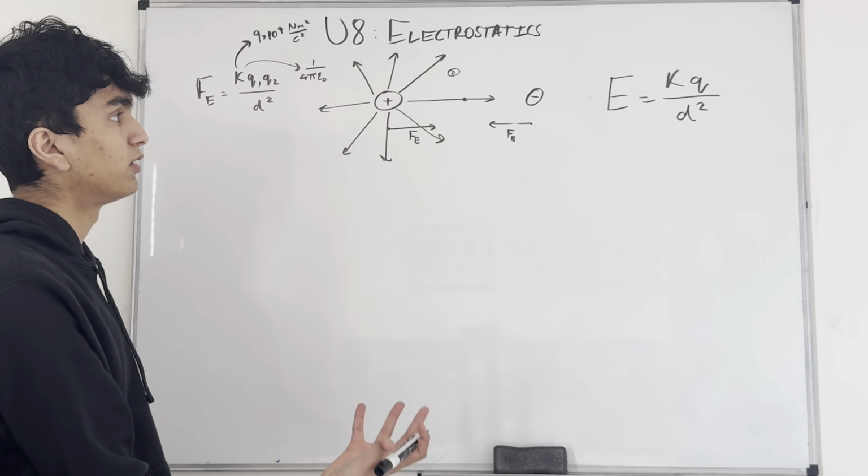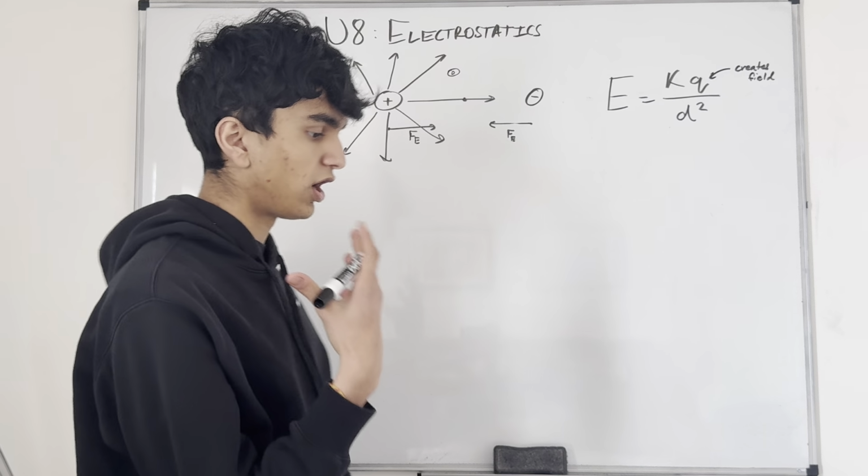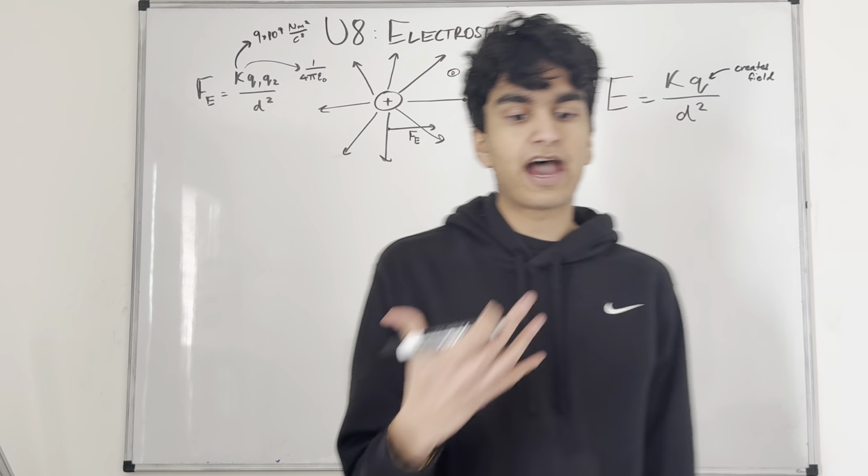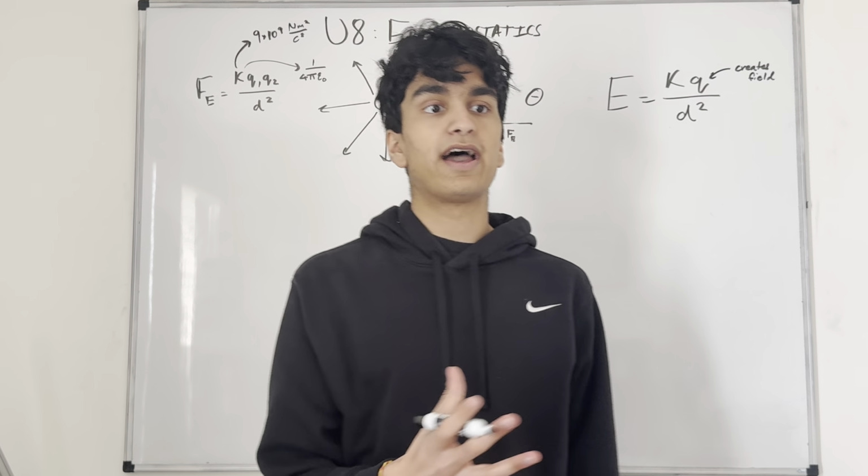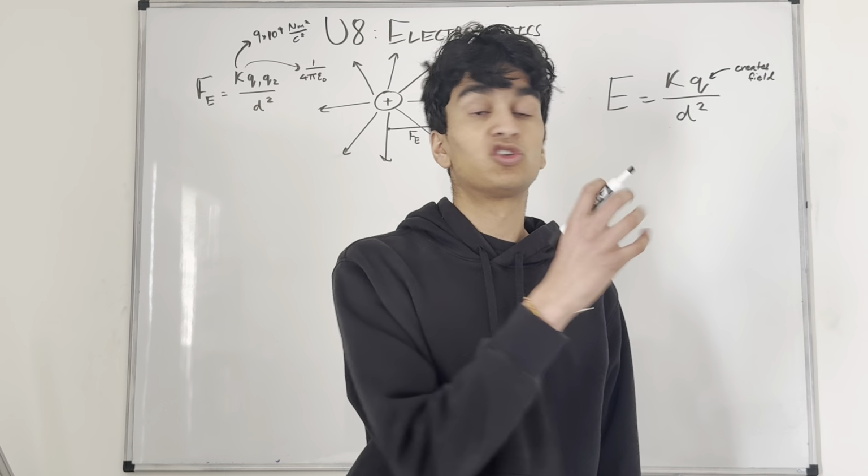Point is, this Q is the charge that creates the field. If I place a stronger charge, that electric field will get stronger. Now, if you move farther away, the electric field gets weaker.